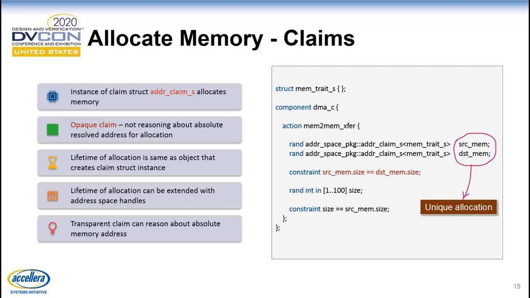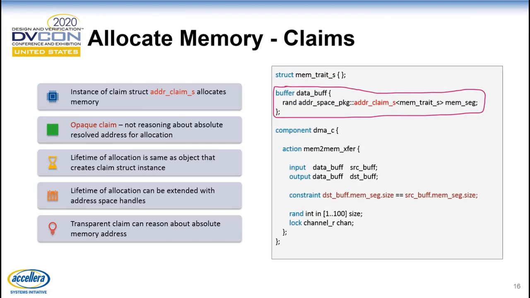You can use constraints on those claims. For example, in this case, we are saying the size of the source and destination allocations are the same, which is the size of this rand variable size that we declared here. So that's how you use it. So this is one way you create this instance of the address claim S inside your action.